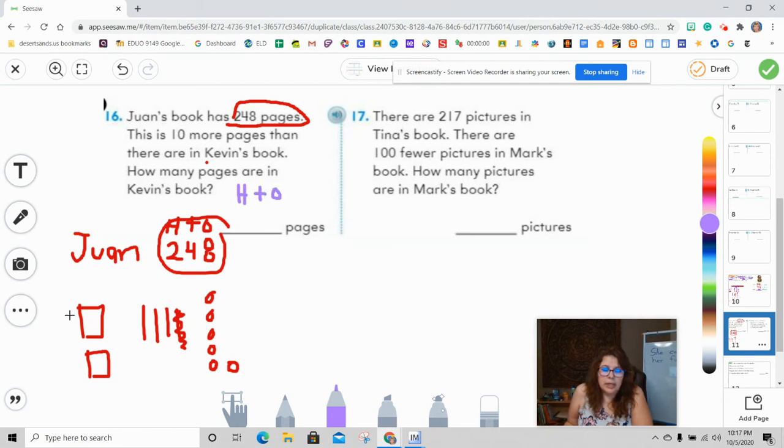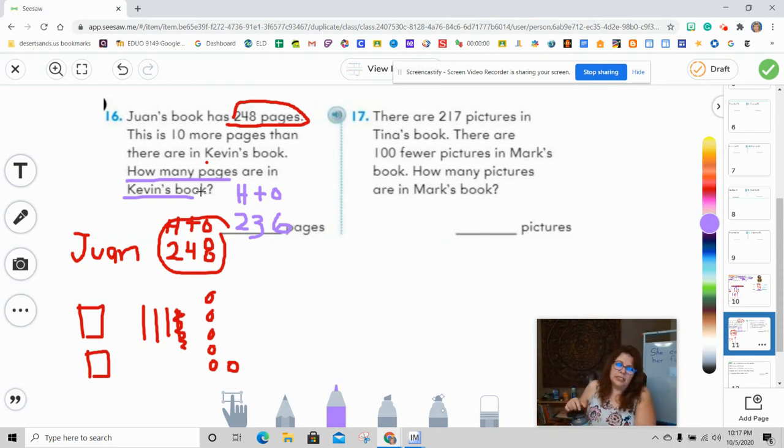And I'm going to say, okay, I have 2 hundreds. I have 3 tens left. And I still have the 8 ones. This one was a little tricky because it's the way they word it. You really have to pay attention to it.